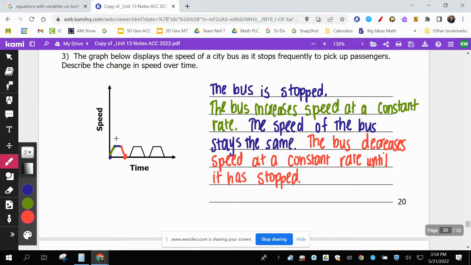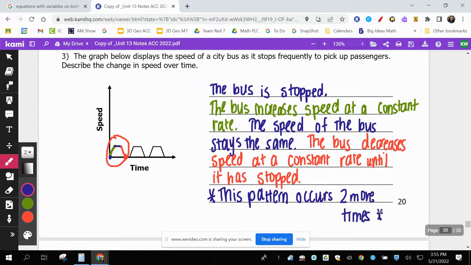Then the last thing I do is I only really described this part. So now I'm just going to state that this pattern occurs 2 more times. All right. Once you're done with that, go ahead and turn the page.